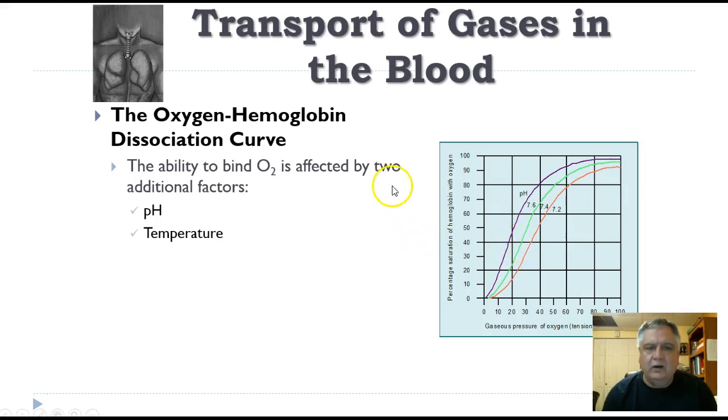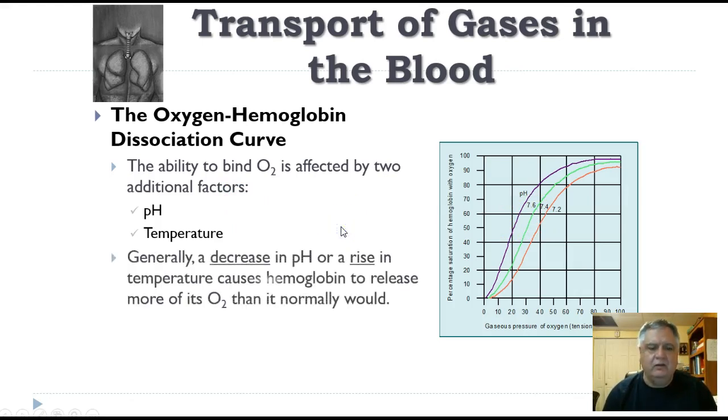Now, what we're saying here is the oxygen hemoglobin dissociation curve shows that the ability of the hemoglobin to bind or hold on to the oxygen is affected by two additional factors: the pH of the tissues and the temperature of the tissues. Works out like this. Generally speaking, a decrease in pH or a rise in temperature causes hemoglobin to release more of its oxygen than it normally would.